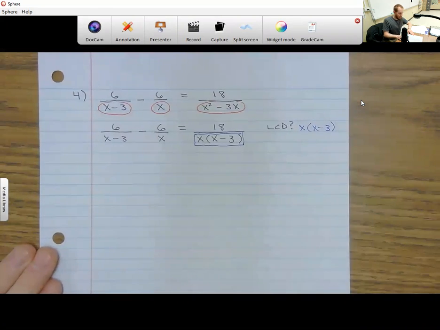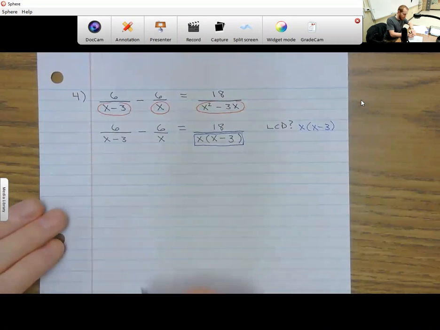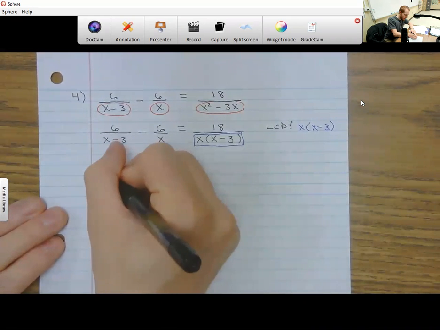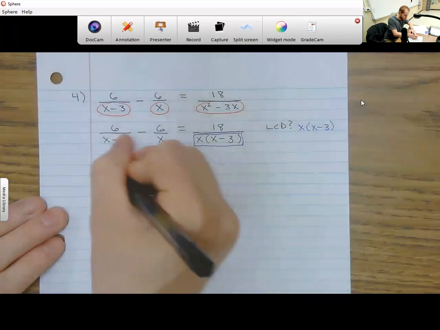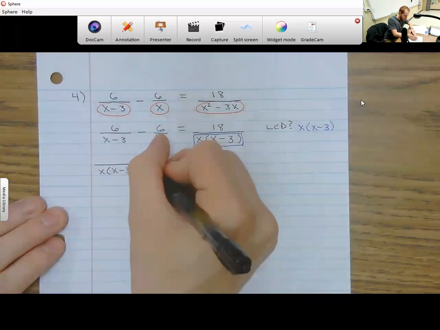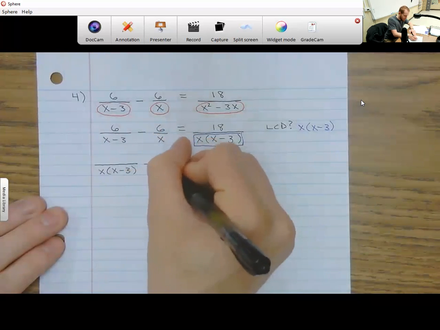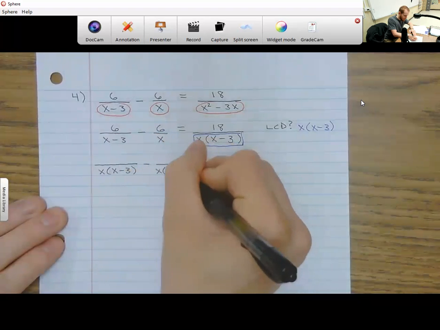So how is this going to work? Well, for the first two fractions, the denominator is going to have to change to x times x minus 3. And this one over here is also going to have to change to x times x minus 3.